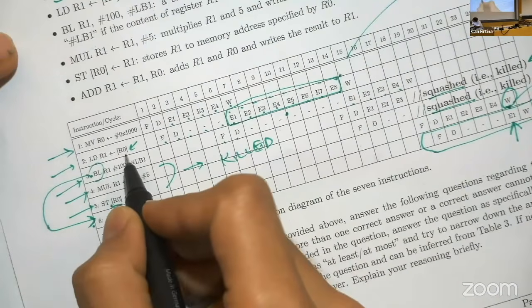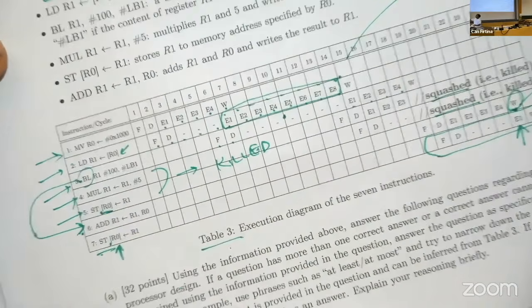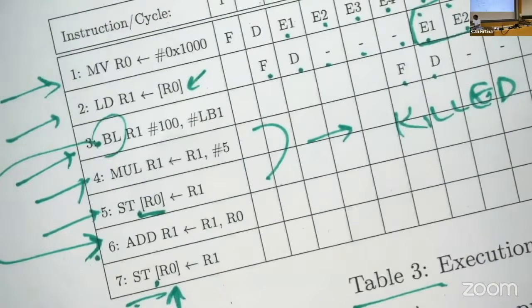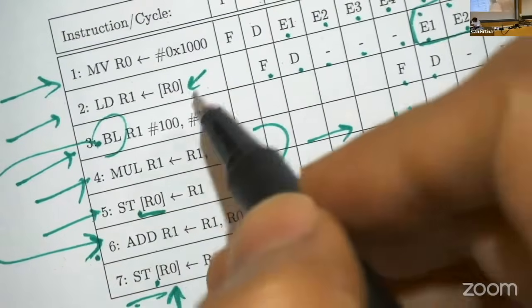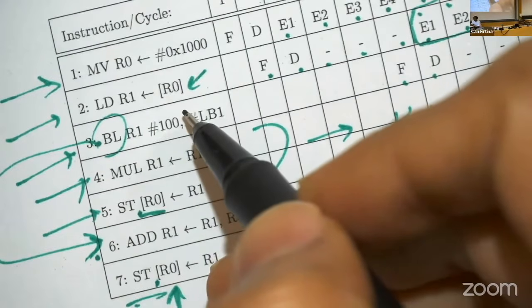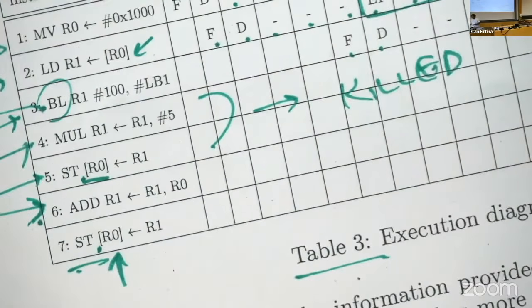Let me zoom in. R0 value is what is being accessed in the memory, and R0 never changes. So I don't know yet. I would need to read the question once again to figure out the cache line size. That means my mental image is incomplete. All right, let's keep going.